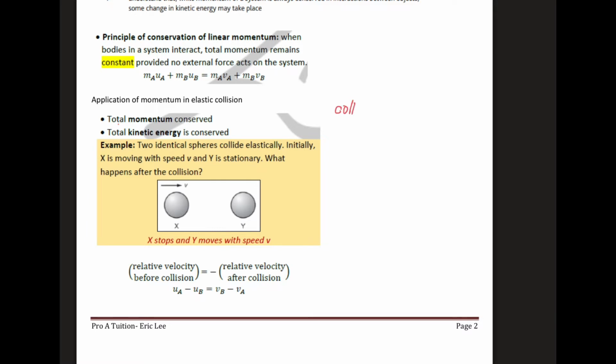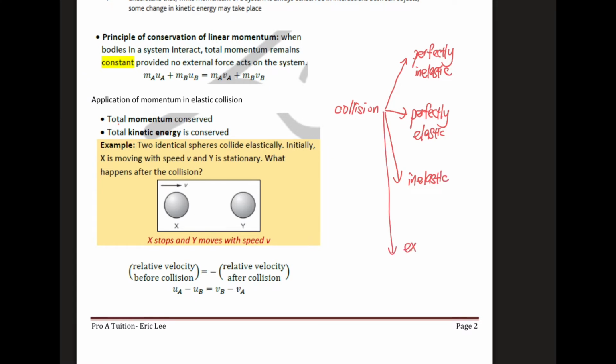First, collisions are subdivided into perfectly inelastic, perfectly elastic, and inelastic, and explosions. We will go through each type of collision one by one.